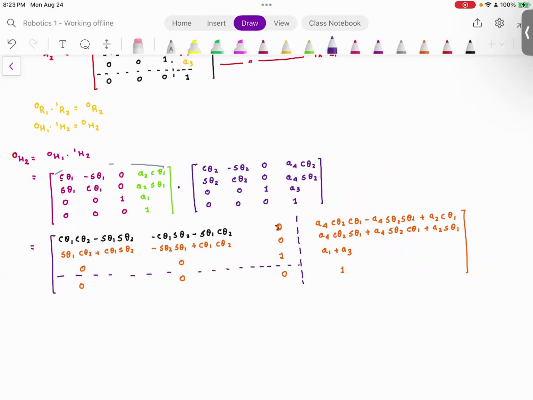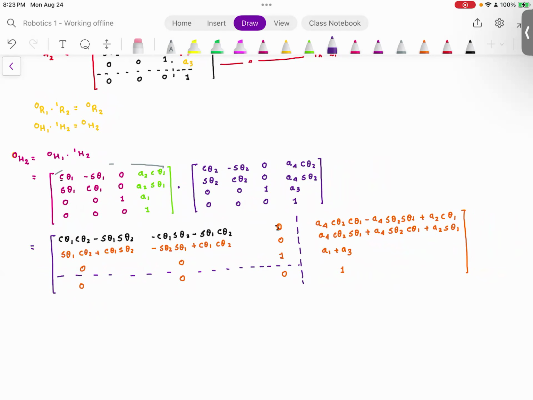Can you see the first term is cosine theta 2, cosine theta 1, sine theta 1, sine theta 2. So what is this identity?